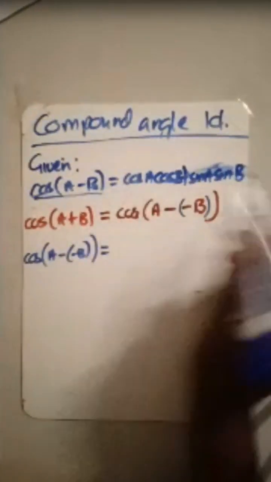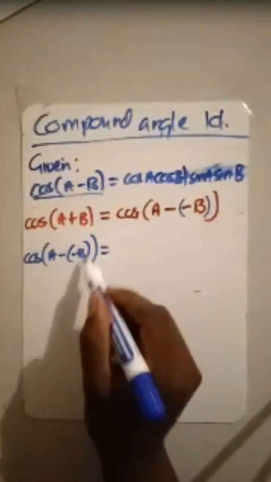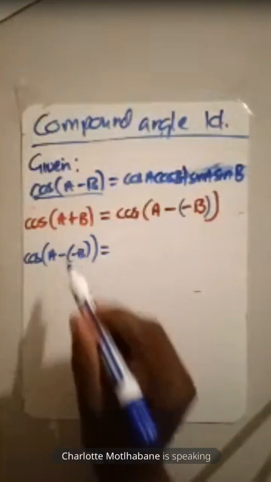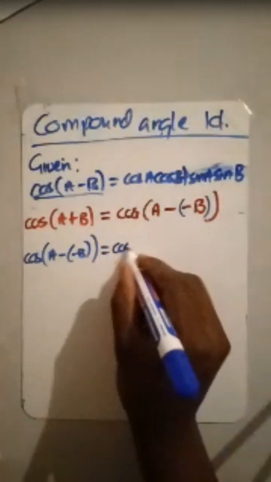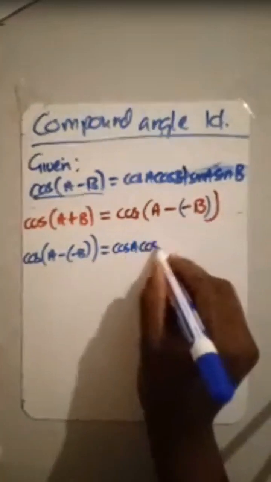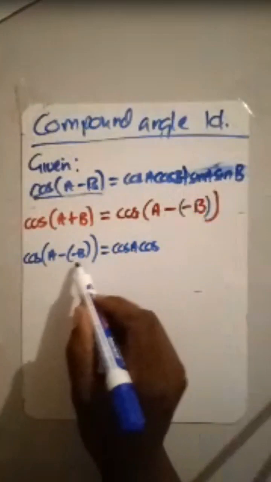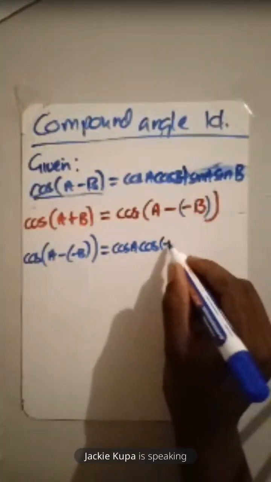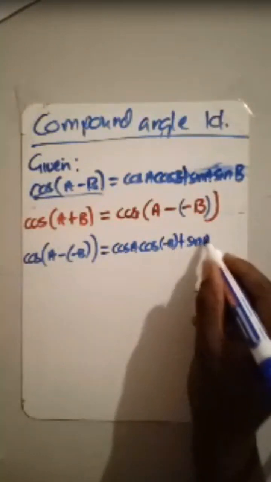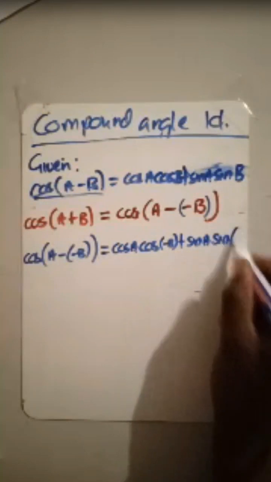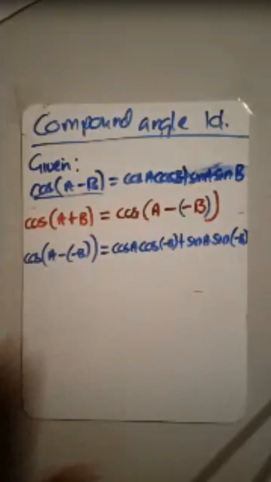Here we were having B, but now we are having negative B. So it's cos A cos, where there was B, we substitute negative B, plus sine A, then sine of negative B. Okay? Right. So now I'm going to continue.